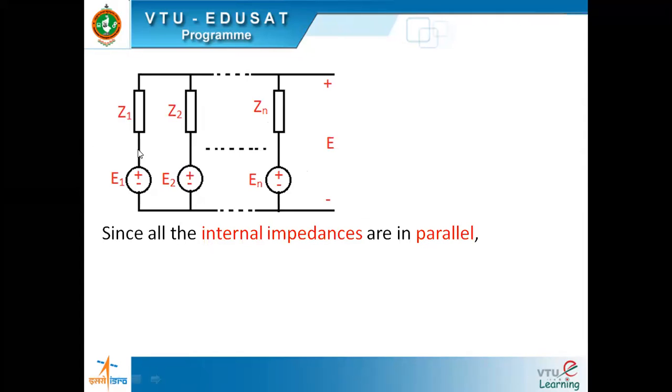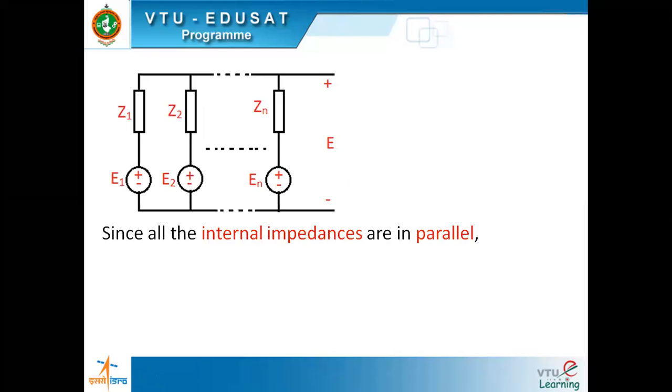For them to be parallel, they should have been connected like this here. But how do we find out the equivalent resistance or impedance across this? The Thevenin, suppose we are finding out Thevenin's impedance or resistance, or we are finding out Norton's resistance or Norton's impedance. What we used to do there?